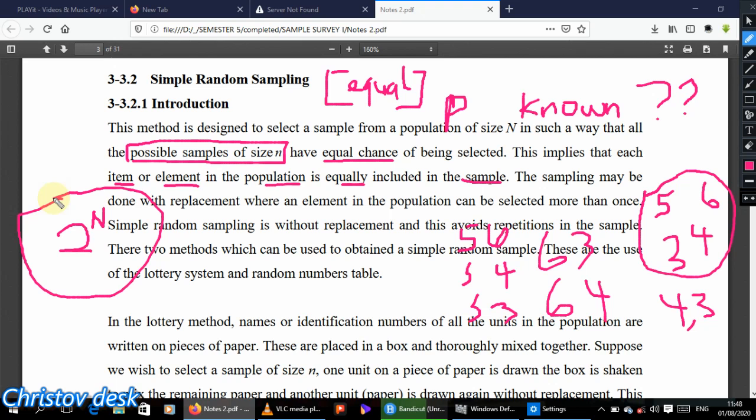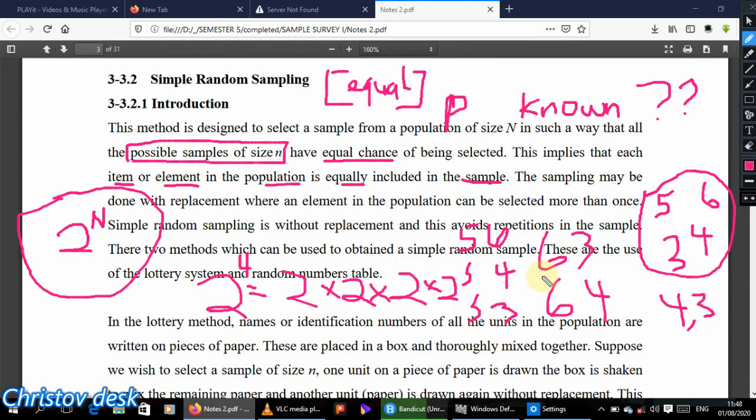If there are 4 elements here, then you have 2 raised to the power 4, which is 2 times 2 times 2 times 2: 4, 8 and 16.